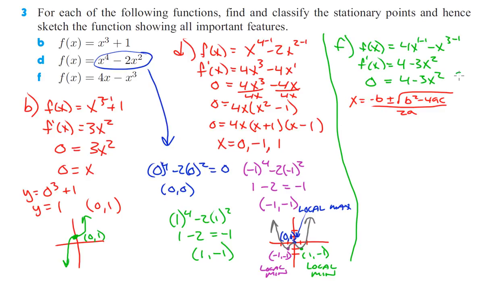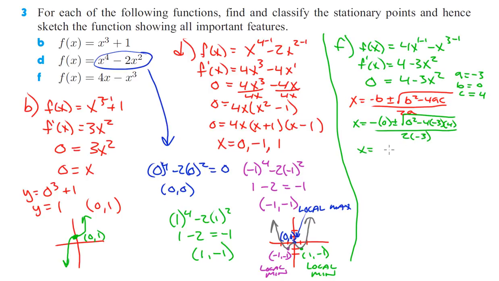So let's see, we know that a up here is negative 3. B, there is no b, so that's 0. And then c is going to be 4. So let's see what we get. X equals negative 0 plus or minus the square root of 0 squared minus 4 times a, which is negative 3, times c, which is 4, all over 2 times a, which is negative 3.